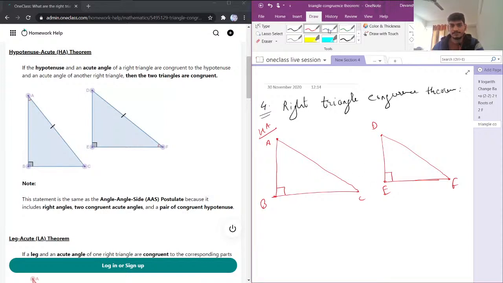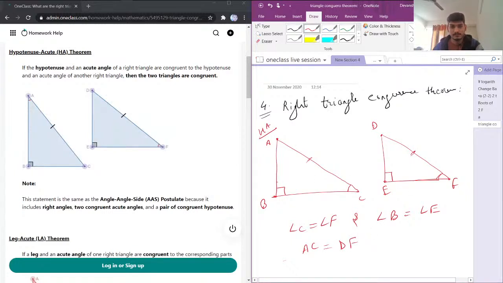Now suppose this is one acute angle at F and angle at B is already equal to angle at E, and let's say the hypotenuse we are using, this side, AC is equal to DF.